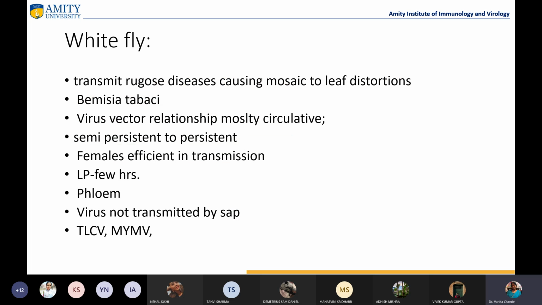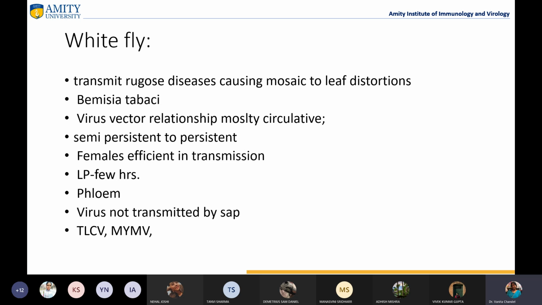Then whitefly. Whitefly can transmit viral diseases. Let me tell you, the whitefly is the most abundant vector which is found in the field, and it is usually found in the warmer regions. We will find more whitefly in glasshouse or polyhouse cultivation because the temperature is a little higher.